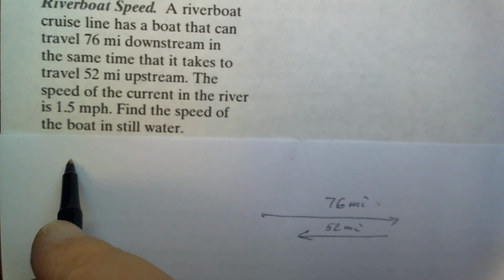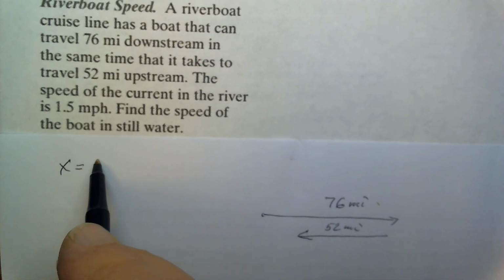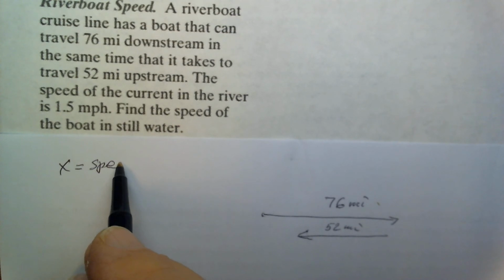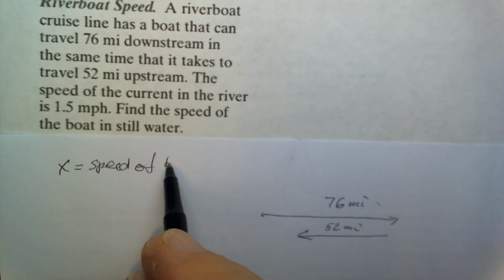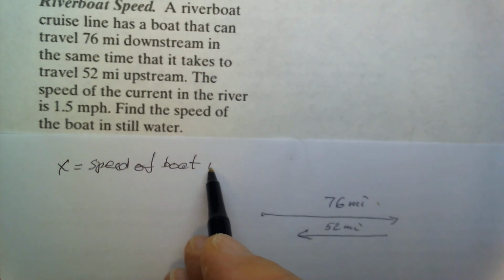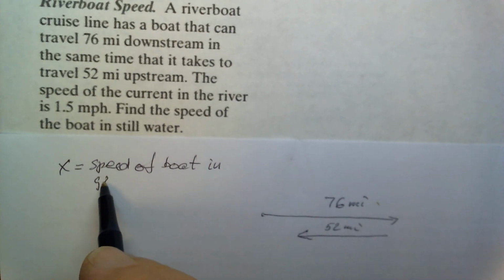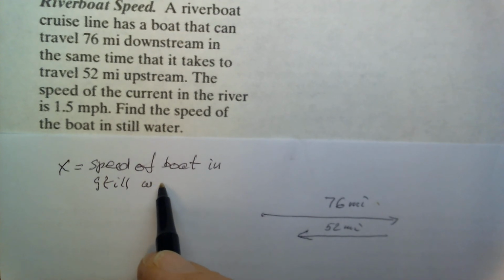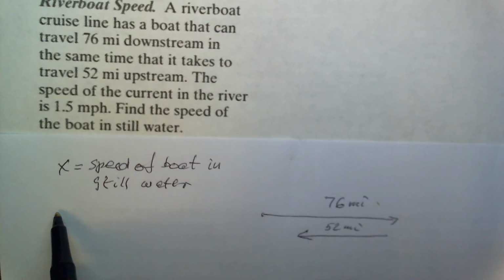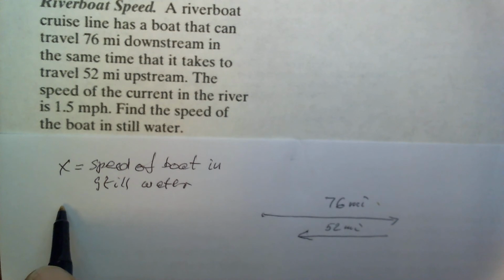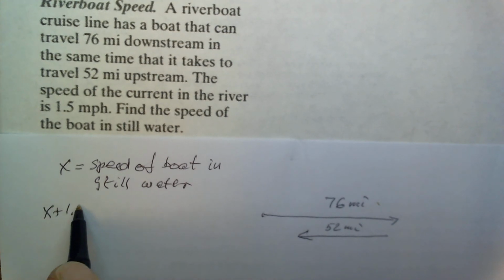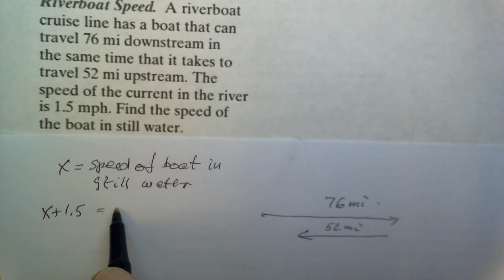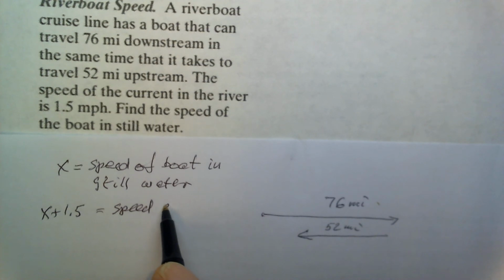So if x is the speed of the boat in still water, then the speed of the boat going downstream would be x plus 1.5.